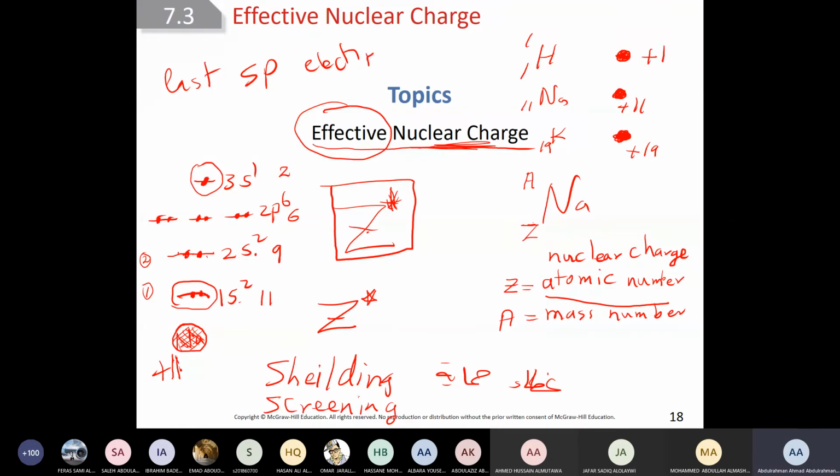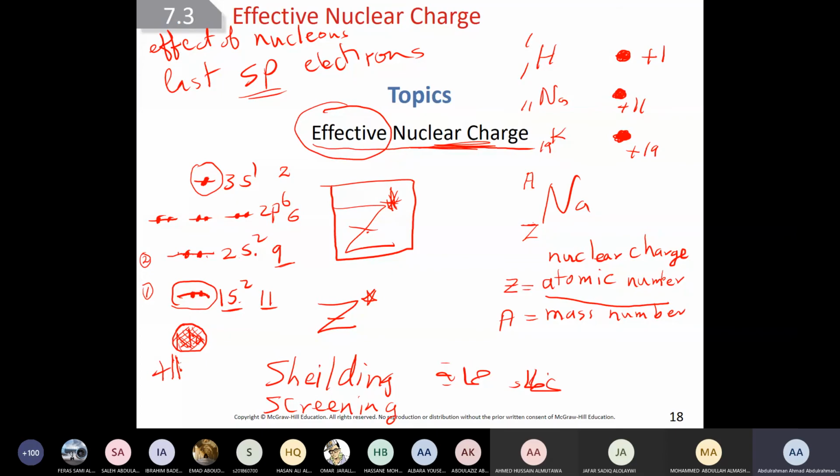The effect of the nucleus on the last sp electrons. And as I said here, what's the power of sodium on the first two electrons? Maybe 11, around that. Okay, how about the effect on the last and the 2s? It will be maybe 9.